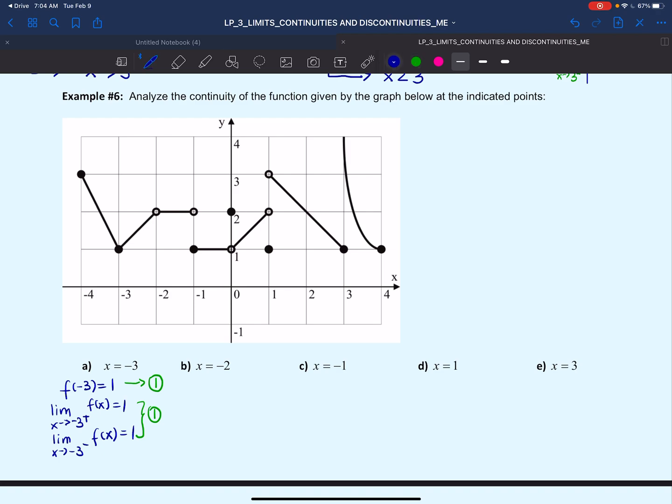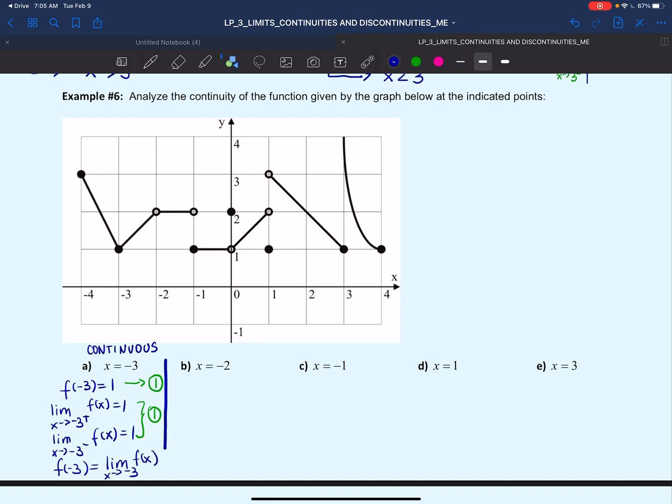And f of negative 3 equals the limit as x approaches negative 3. That means that the function is continuous at negative 3.